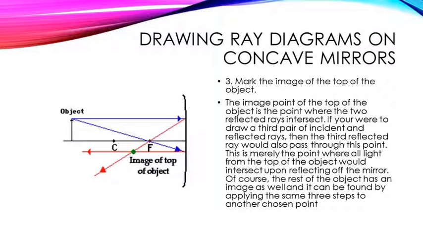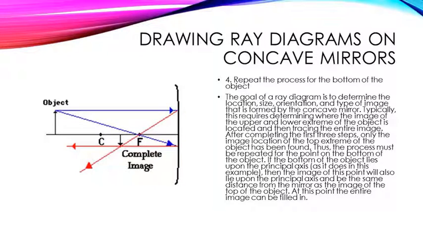This is merely the point where all the light from the top of the object would intersect upon reflecting off the mirror. Of course, the rest of the object has an image as well, but it can be found by applying the 3 steps to another chosen point. Repeat the process for the bottom of the object.